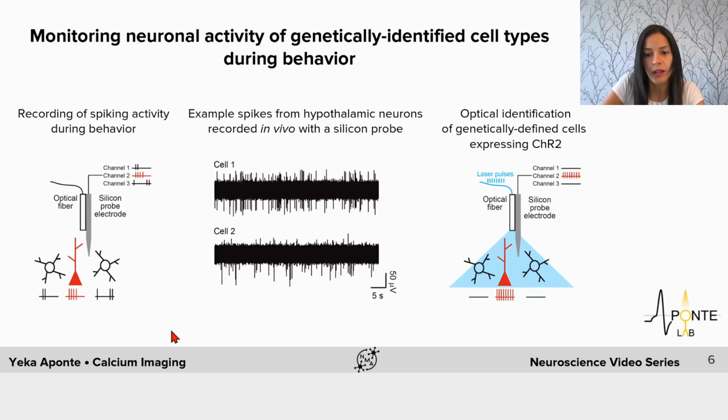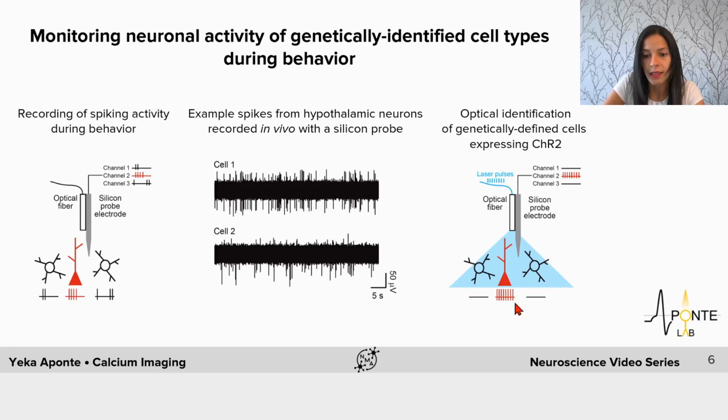What you see here is an example of a channelrhodopsin-positive neuron and a silicon probe electrode together with an optical fiber for extracellular recordings of spiking activity. These traces show you an example of spikes recorded from hypothalamic neurons.